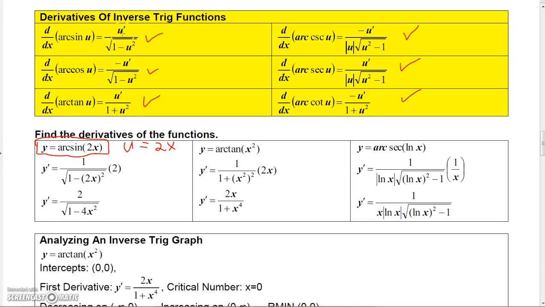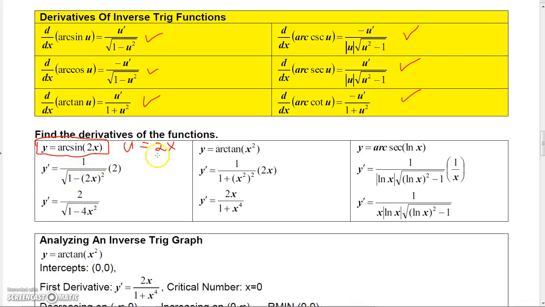A couple of ways you can look at this: you can say 1 over this square root times u prime, or you can just do u prime over this square root. But I like to do it this way: 1 over the square root of 1 minus u squared.